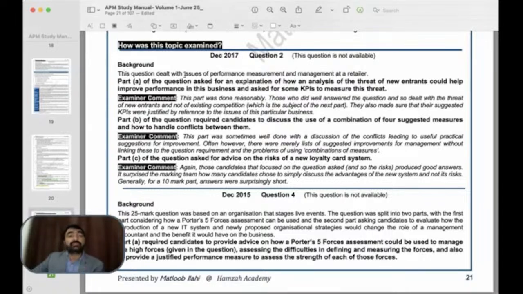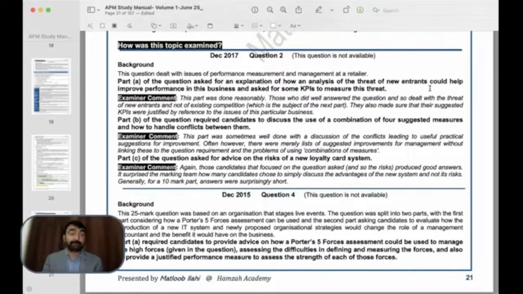This question dealt with issues of performance measure and management at retailer. Part A of the question asked for an explanation of how an analysis of the threat of new entrants could help improve performance in this business, and asked for some KPIs to measure this threat.